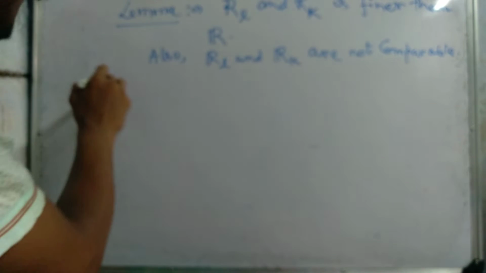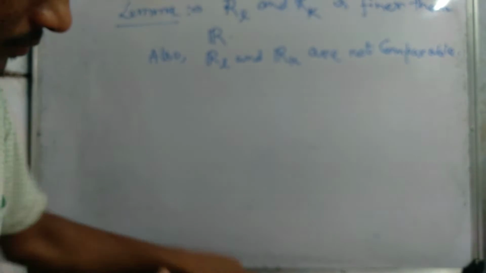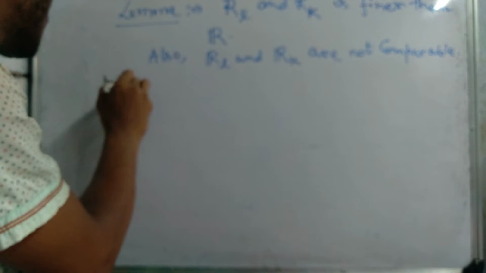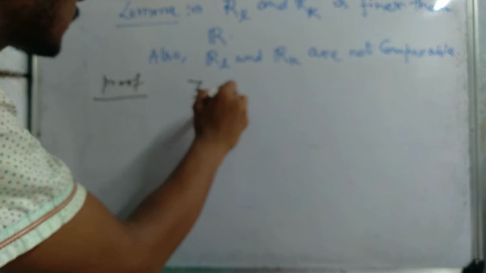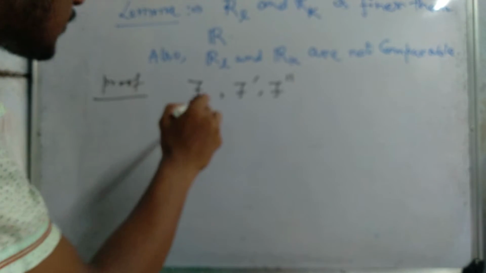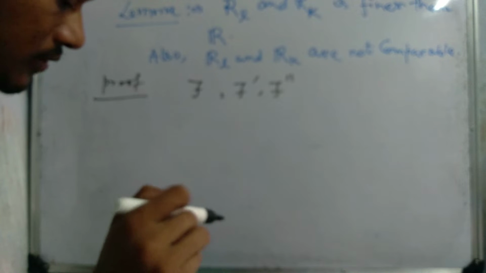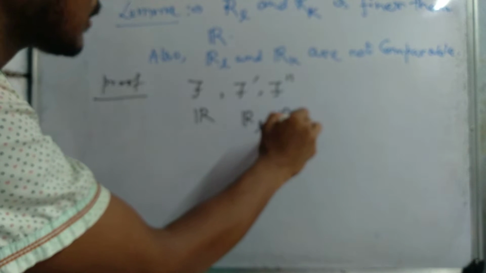We prove it. How do we prove it? Proof. Just draw the sketch. Let tau, tau dash and tau double dash be the topologies on R, here R_L and here R_K.